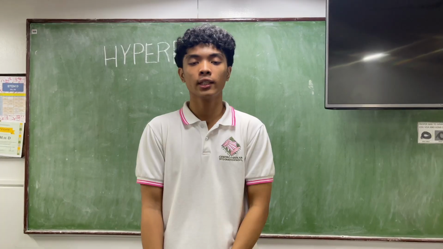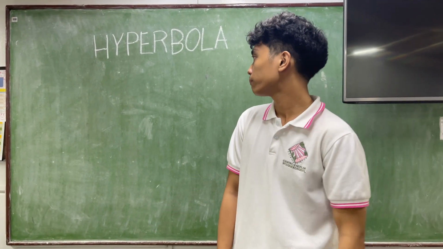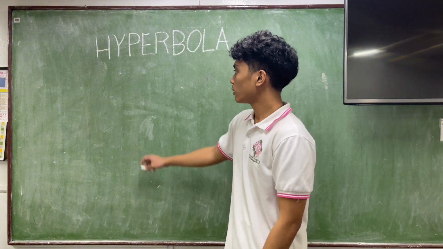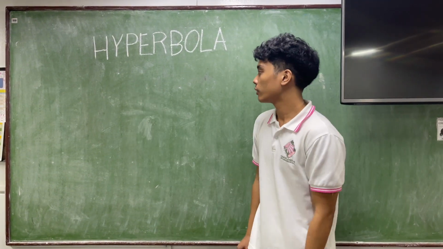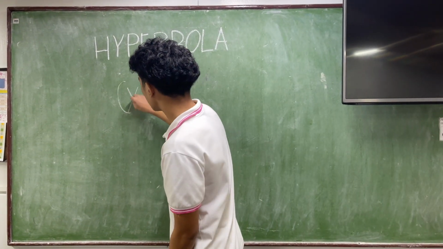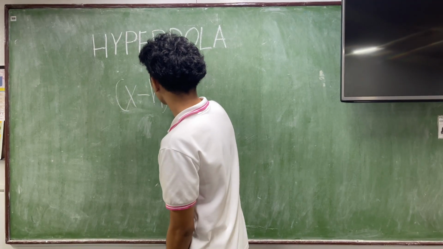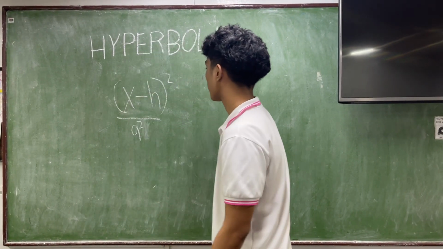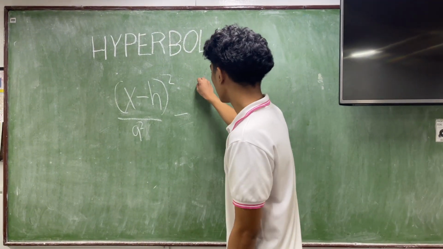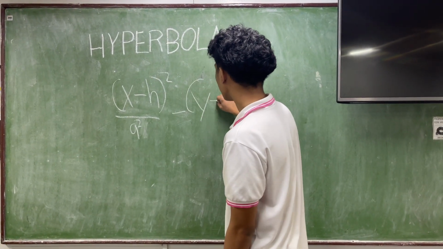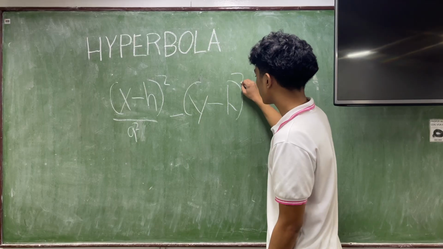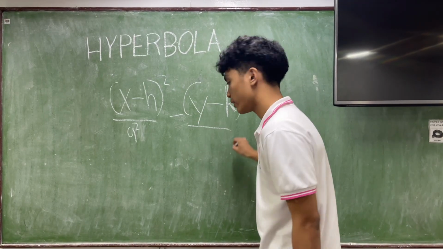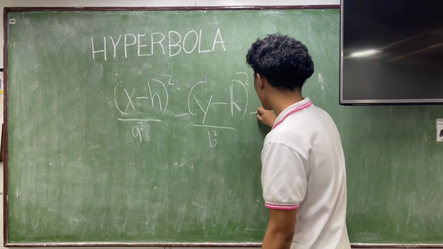Now, let's move on to hyperbola, a set of all points in a plane with distance from two fixed points called the foci. Now, let's show the standard formula of a hyperbola. Quantity x minus h squared over a squared minus quantity y minus k squared over b squared is equal to 1.